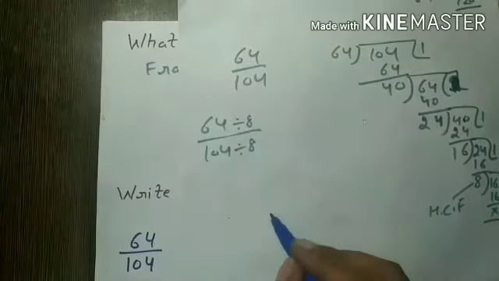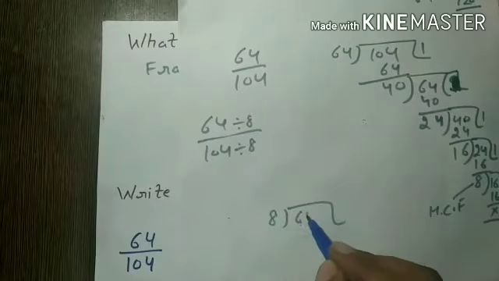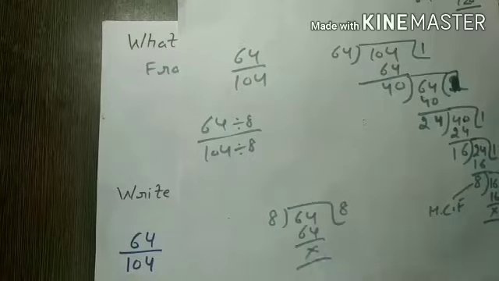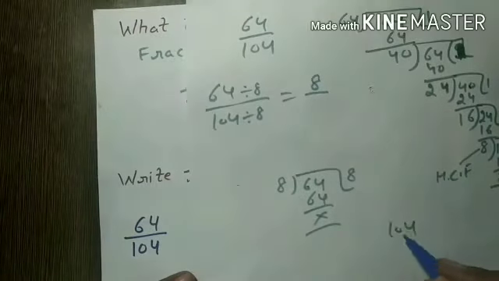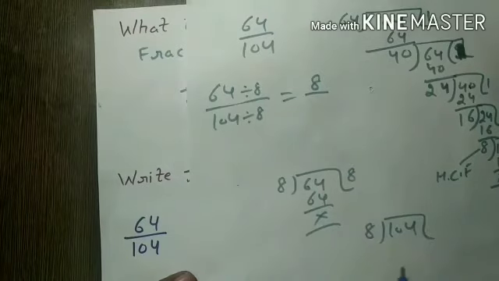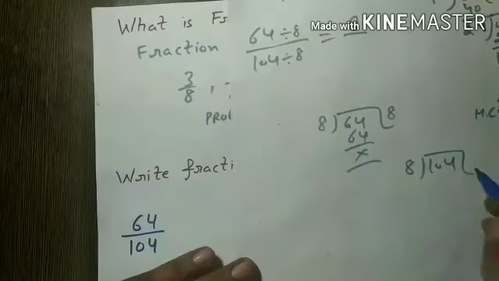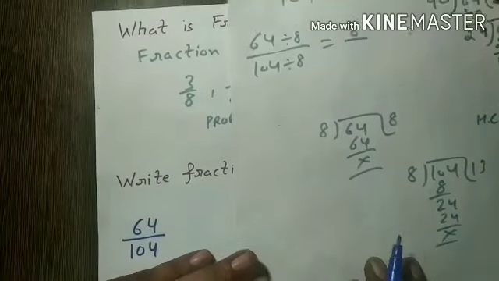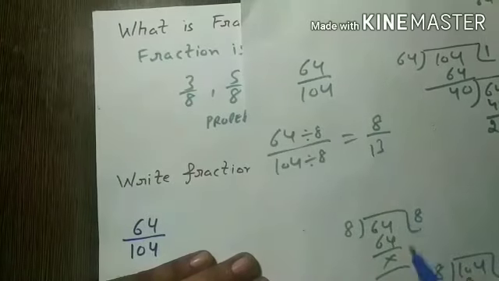Now you divide 64 by 8. 8 8s are 64. The answer is 8. Now if you divide 104 by 8, 8 ones are 8, 2, 8 3s are 24. The answer is 13.